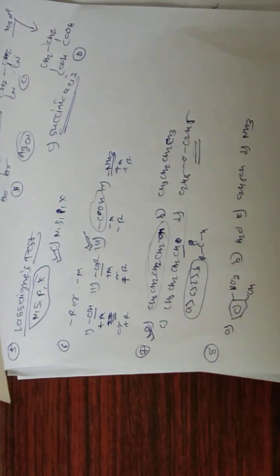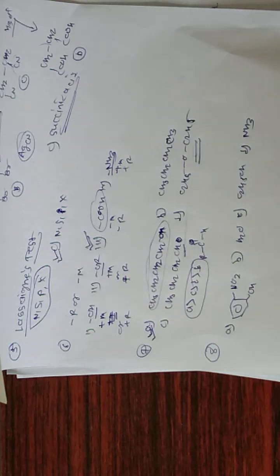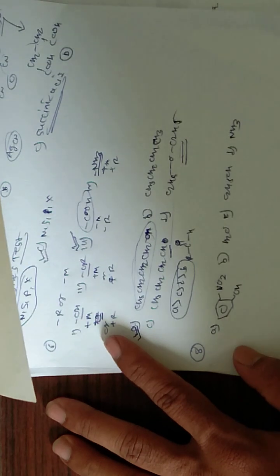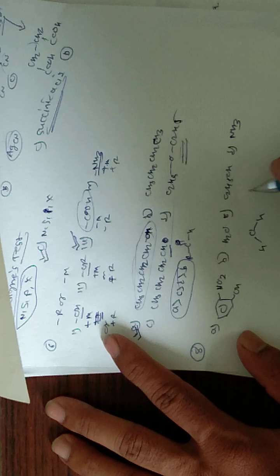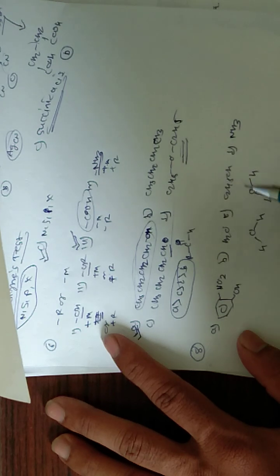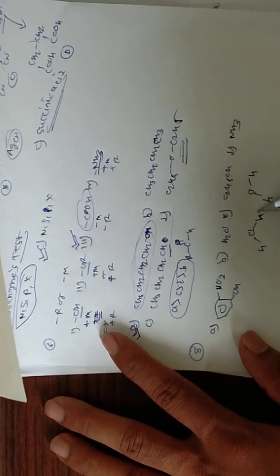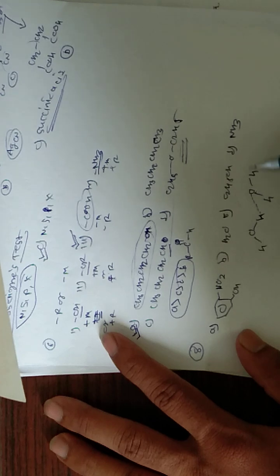There are two types of hydrogen bonding. One is intermolecular and another is intramolecular. Intermolecular means hydrogen bonding between two different molecules. Suppose water is there. Here one water molecule is and here another water molecule is. So hydrogen bonding between this oxygen and the hydrogen of another molecule, this is called intermolecular.